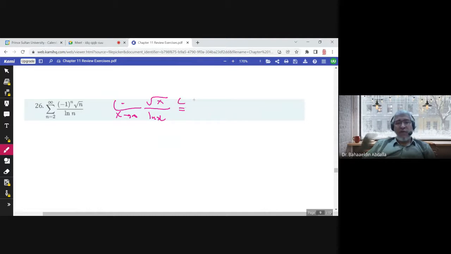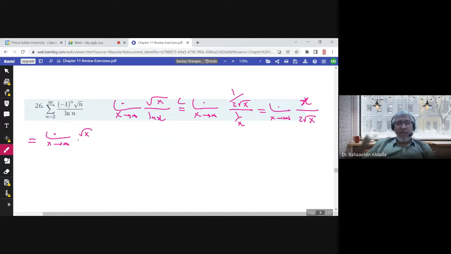Infinity over infinity, I'll use L'Hopital's rule. I have 1 over 2 square root of x here and 1 over x here. So I'll have 2 square root of x here, and I'll have the x here. And x over square root of x is square root of x, 1 minus half over 2. So the limit is infinity. Okay.